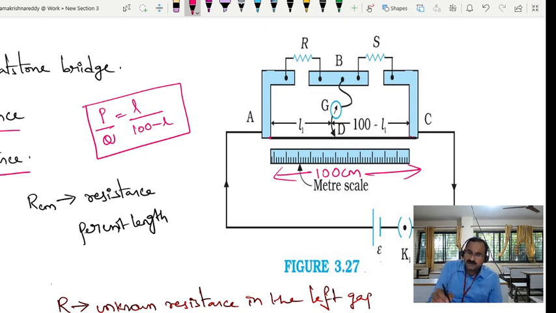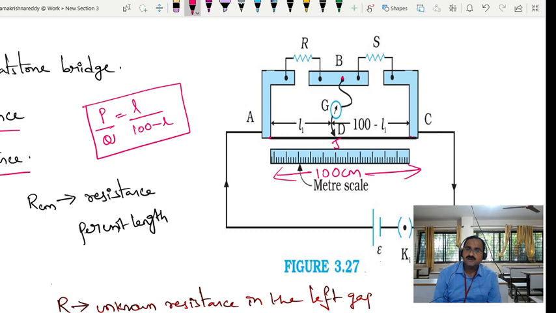From the middle thick copper strip, a galvanometer G and a jockey J are connected. The jockey J is connected to the wire through the galvanometer.